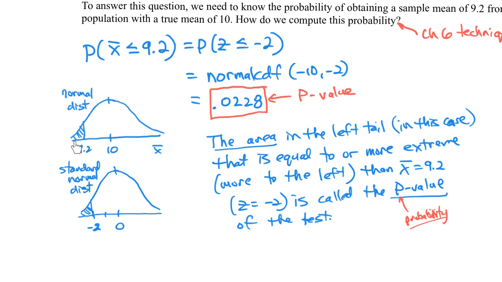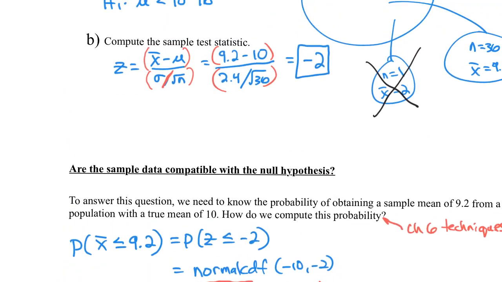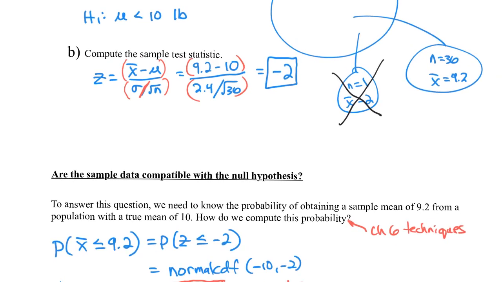And when you think of the probability, it is the probability of getting that sample we got if the null hypothesis is really true. So, looking back here, we just found that the probability of us getting this sample, if this is really true, is actually pretty low, right?